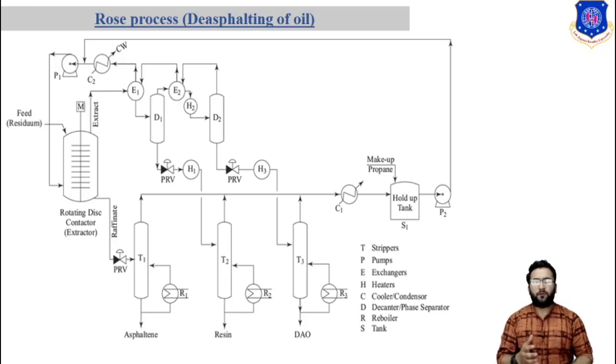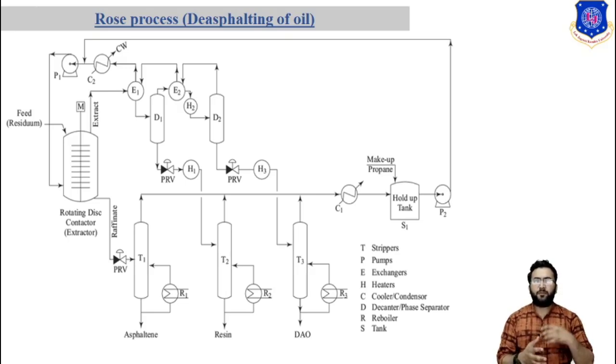Supercritical propane from D2 is passed through heat exchangers E2 and E1, where its sensible heat is utilized for heating. Then in heat exchanger C2, it is liquefied and the liquefied propane is recycled back to the extractor by pump P1, which develops only the differential pressure necessary to overcome the system pressure drop.